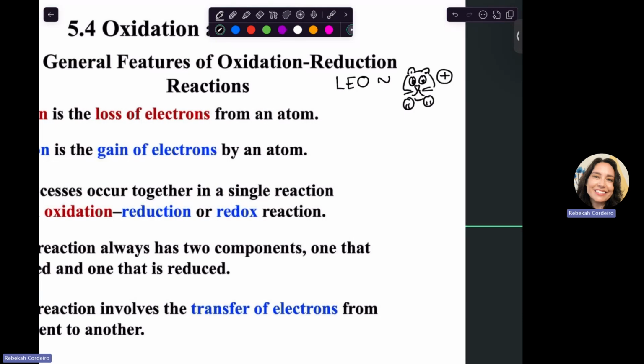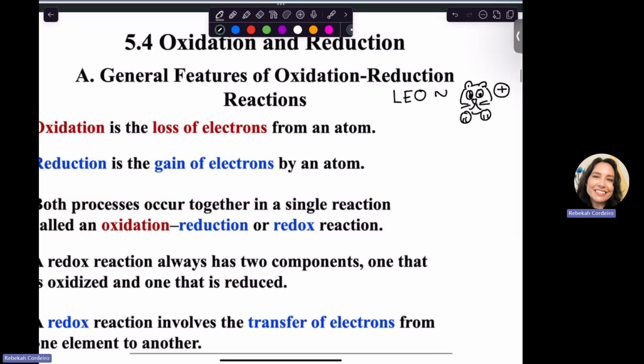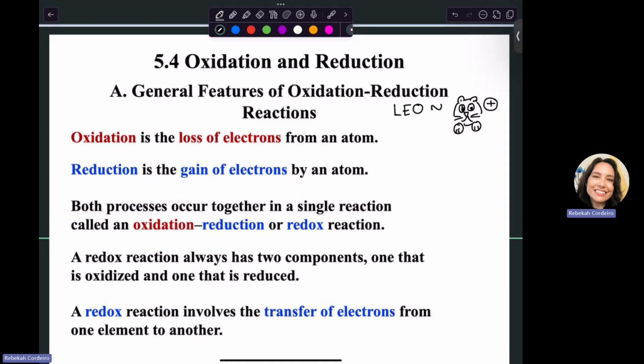So imagine you're looking at a baby lion, it's cute, it's got cute little paws. That's a positive change, because if I lose negative electrons, overall my substance is going to be getting more positive.